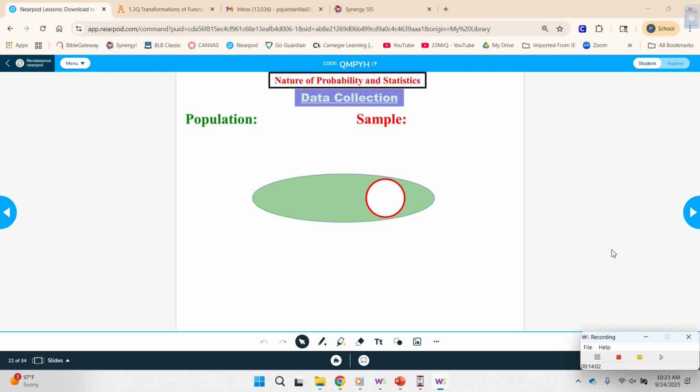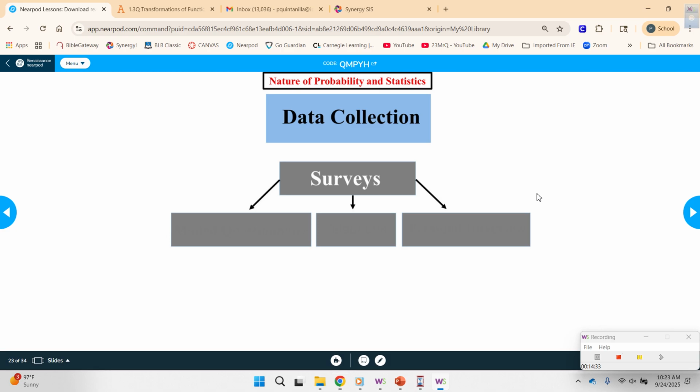Mireya, what's the difference between population and sample? Population is everybody and sample is just a little group. That is correct.